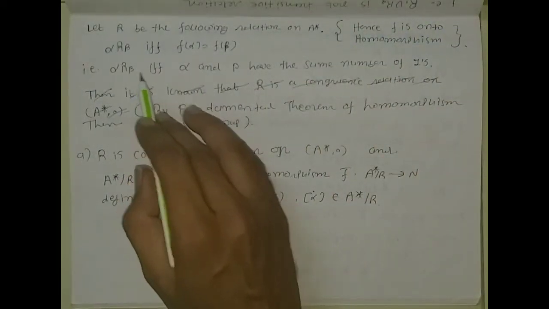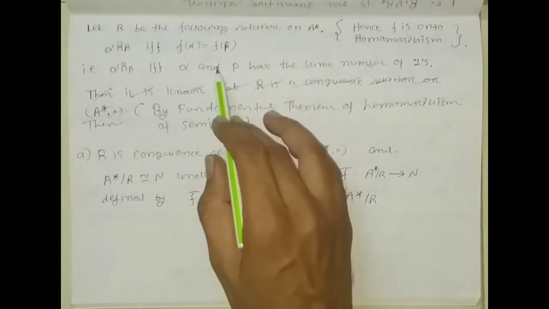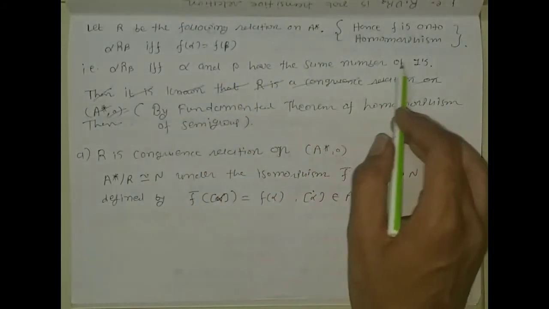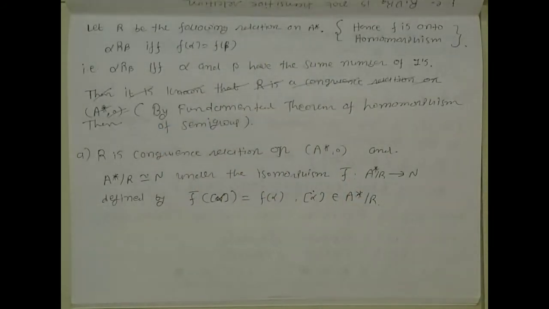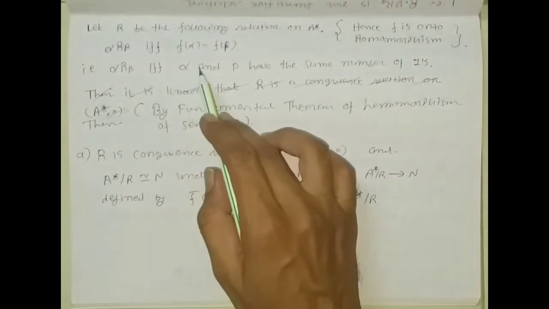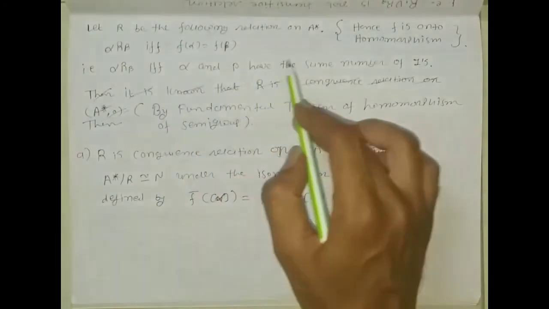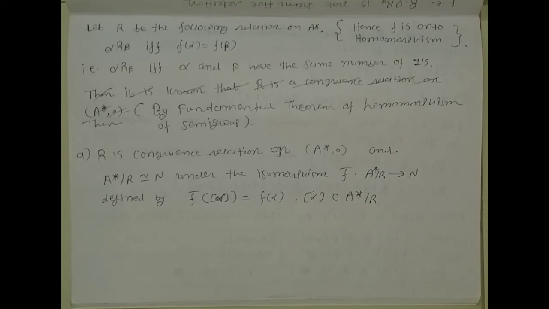So alpha is related to beta if and only if alpha and beta have the same number of ones, because f of alpha is the number of ones in alpha.